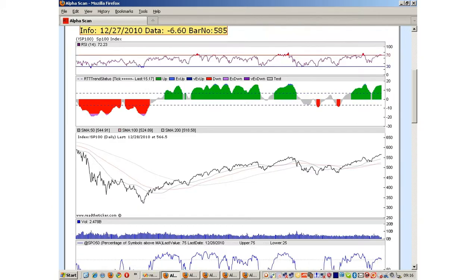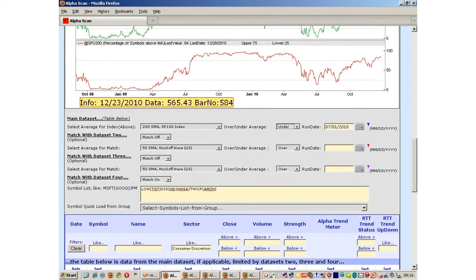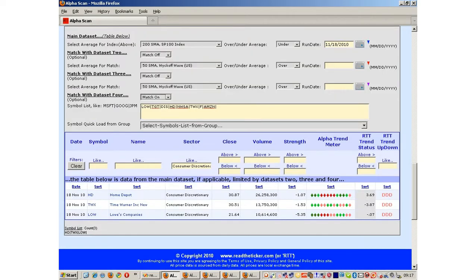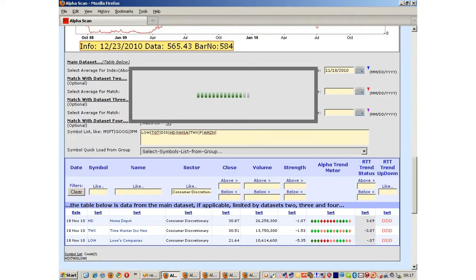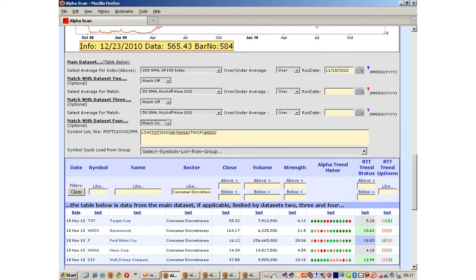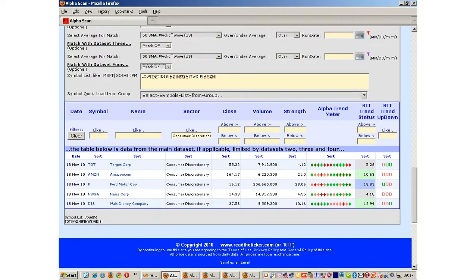And we might change the dates. Let's change the date to the 18th, 2010. And here you see, we might change it to over. Of all those symbols there, only these ones turn up.